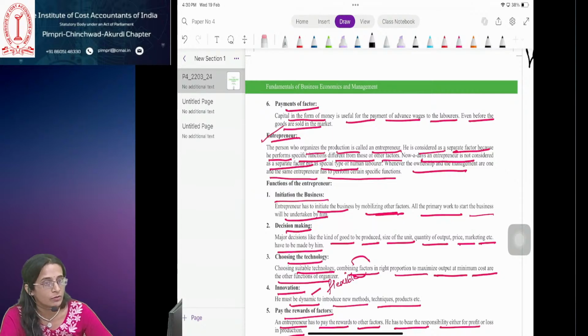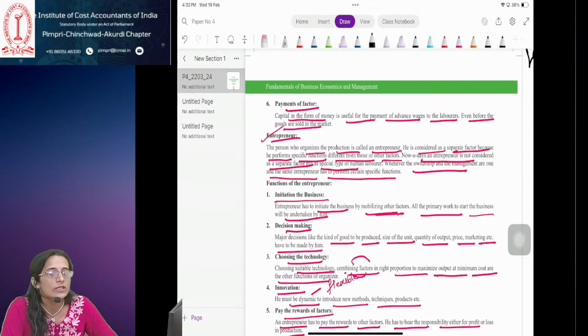The entrepreneur will decide which technology to use for his business. Then, if he is using this technology, in what quantity he will produce. Then he will decide what the price will be. These are all the responsibilities, the management of the business, whatever things are required.